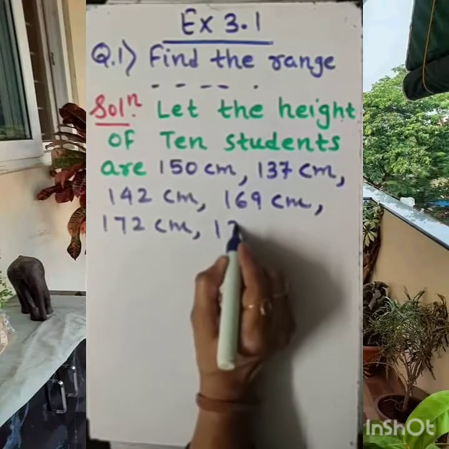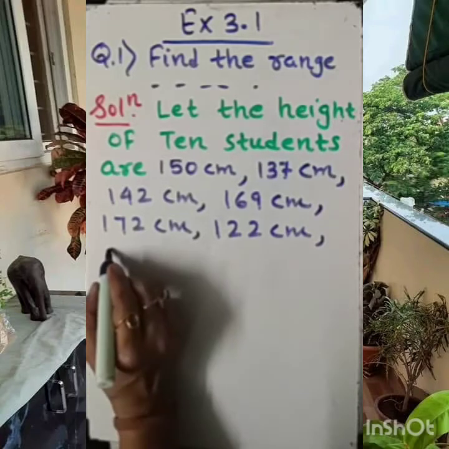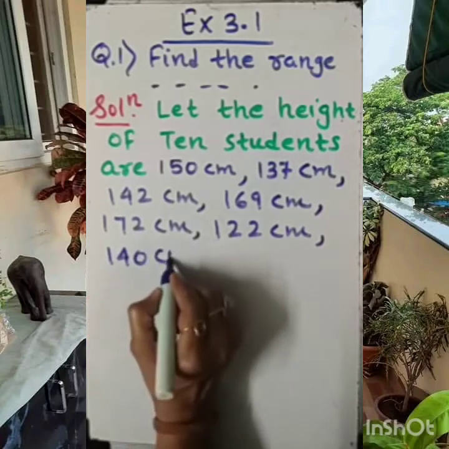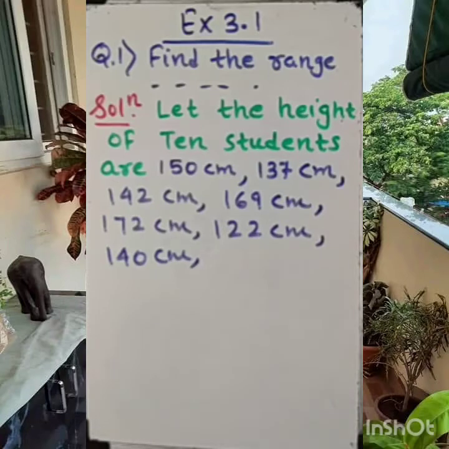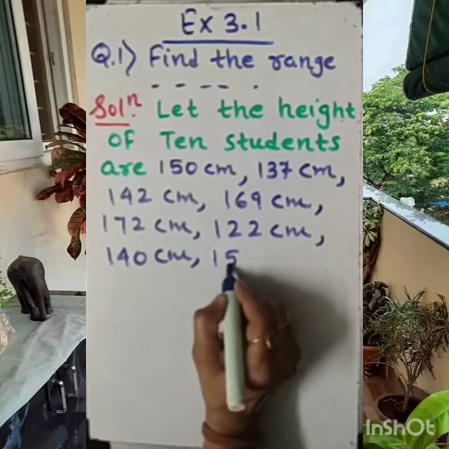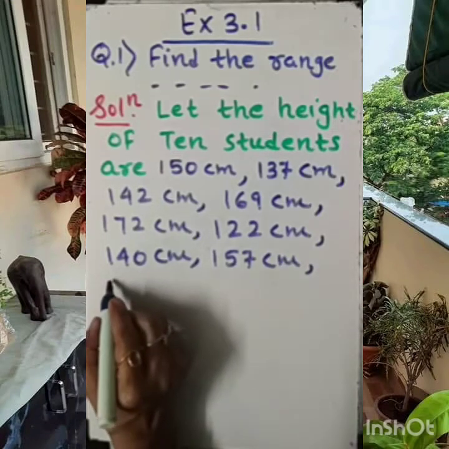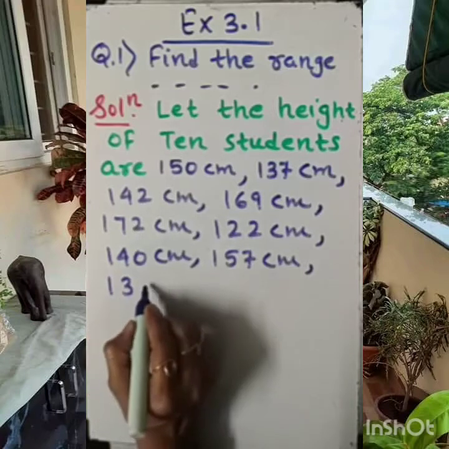I can go with 122 centimeter. I can have 140 centimeter type of student. One more I am choosing 157 centimeter. Maybe the height of a student can be 139 centimeter.